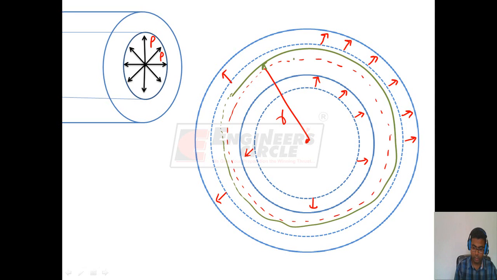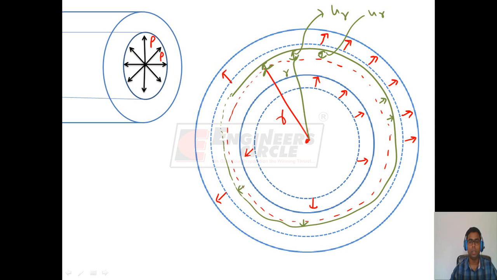We call the displacement at any r equal to r as ur. So this displacement is ur, and this displacement is also ur. That is the radial displacement at any location r.